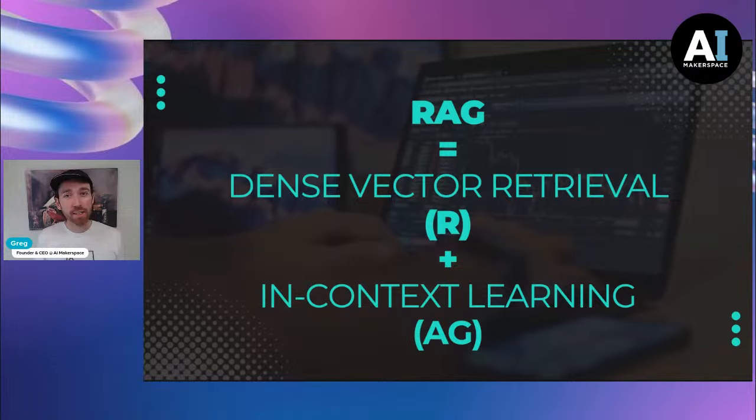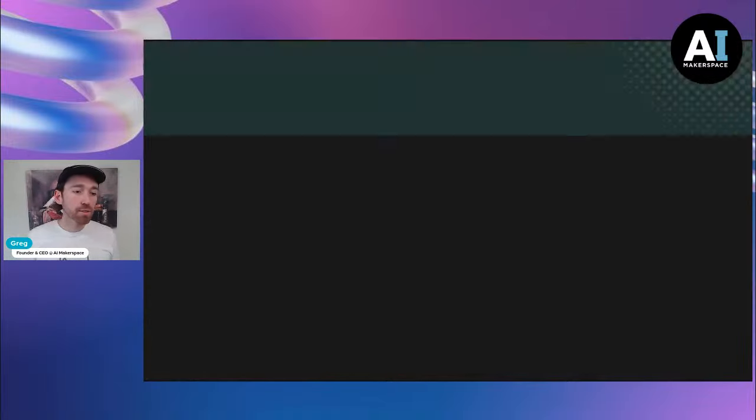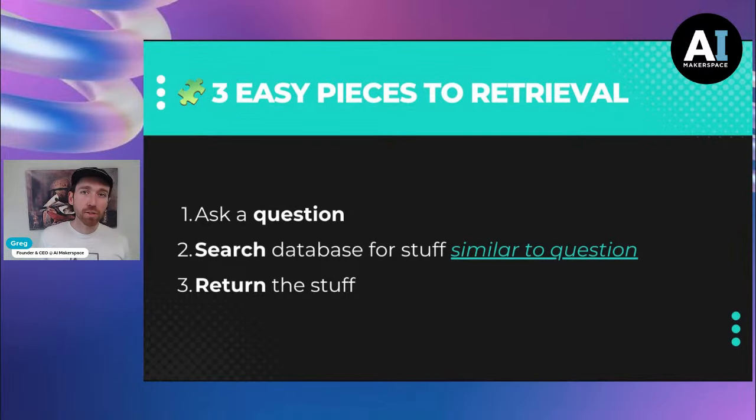As we've talked already, LangChain is very much aligned with this idea of being context aware, putting things in the context window. This is what in-context learning is all about. And, as we get into retrieval, we want to keep in mind it's very simple. We ask a question, we search a database of our stuff to find stuff that's similar to the question, and then we return that as our references.